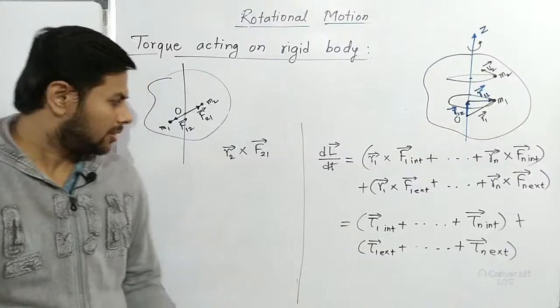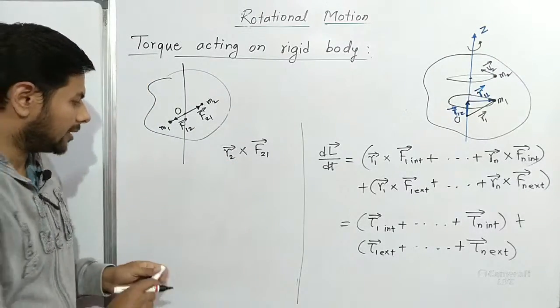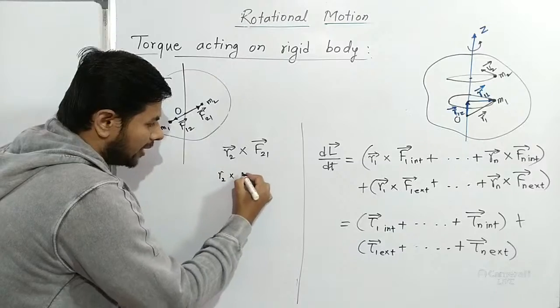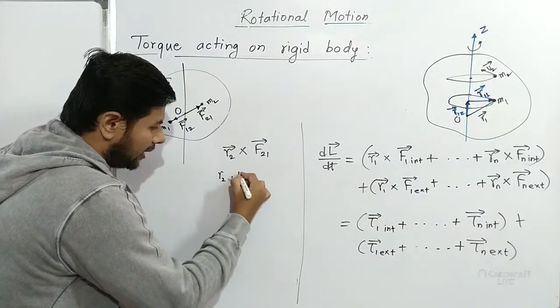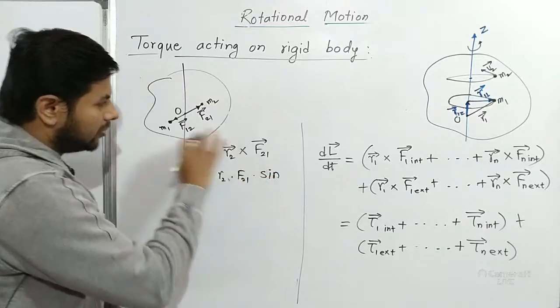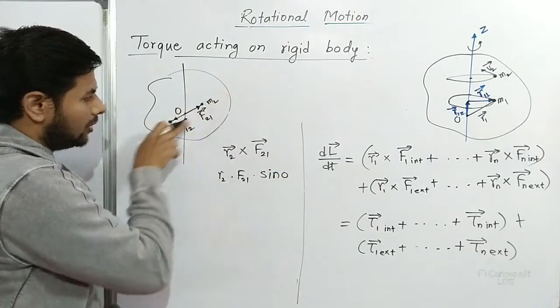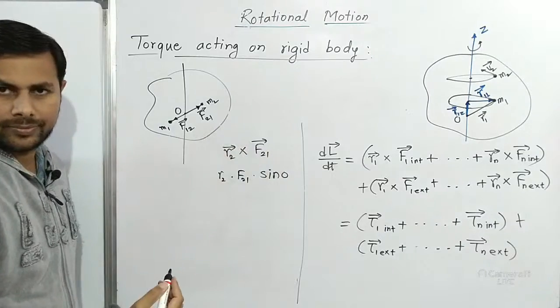It will be 0, because the magnitude of the cross product is the magnitude of the first vector into the magnitude of the second vector, F21, multiplied by the sine of the angle between those two vectors, and the angle between R2 and F21 is 0.